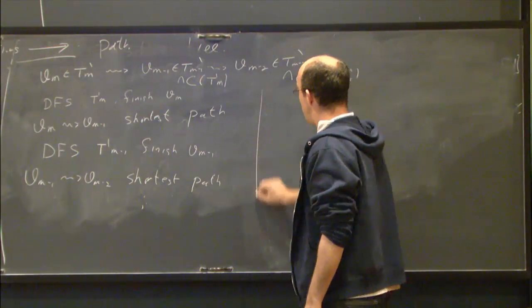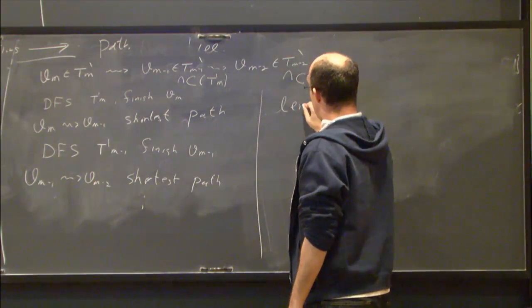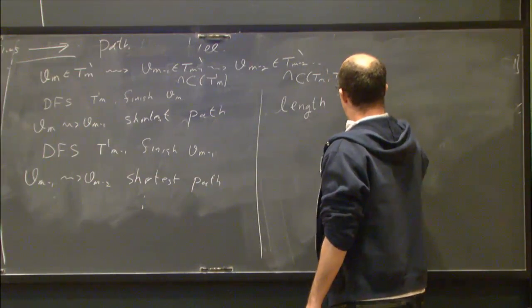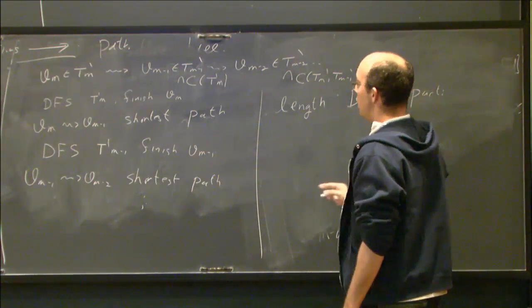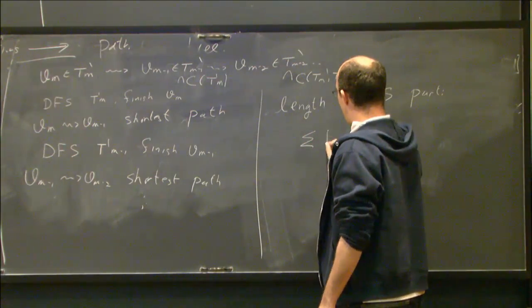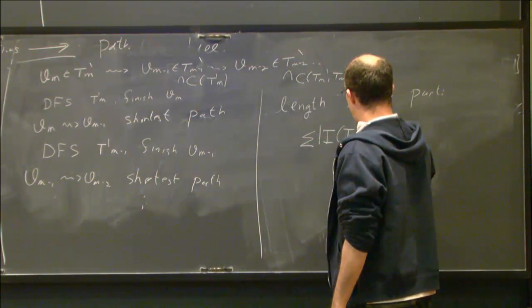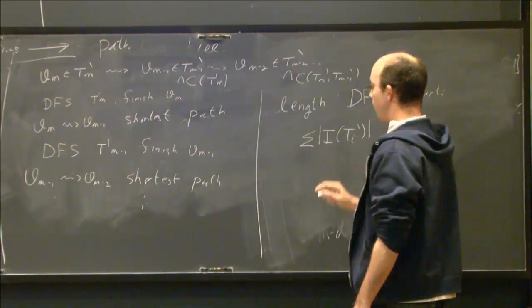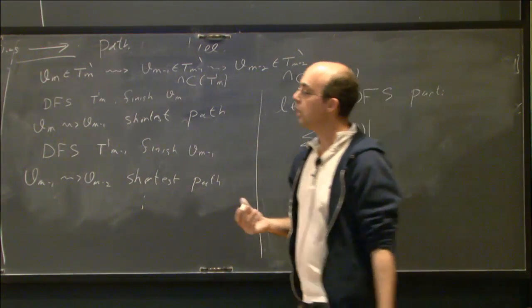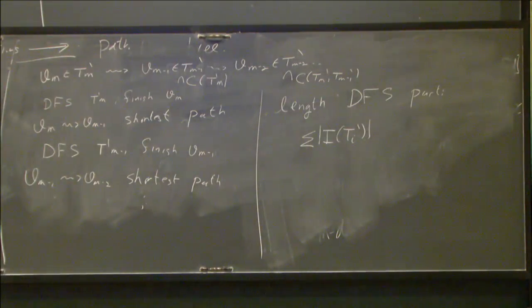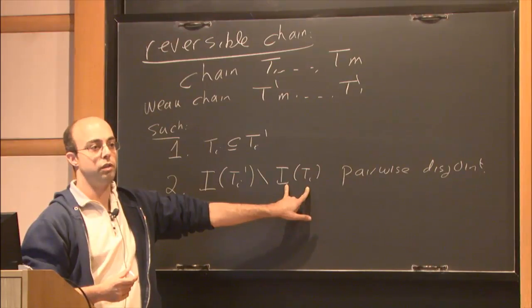So what's the length of the DFS part? Well, it's going to be the sum of all the sizes of directions of Ti prime. But actually, this is not too long. Why? Because we know that all these directions, if I remove the directions of Ti, they're disjoint.